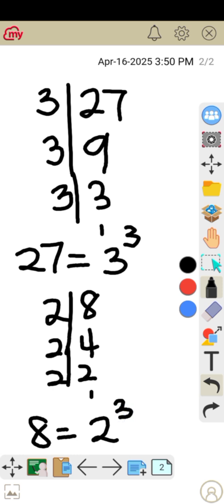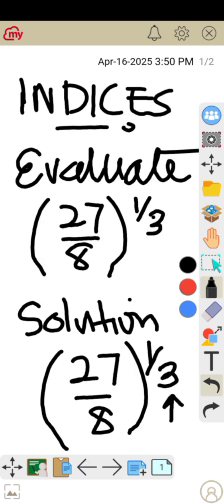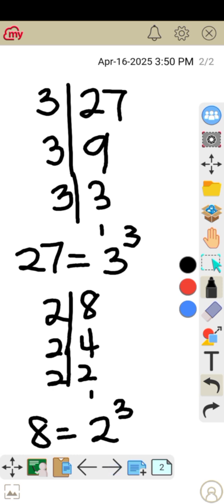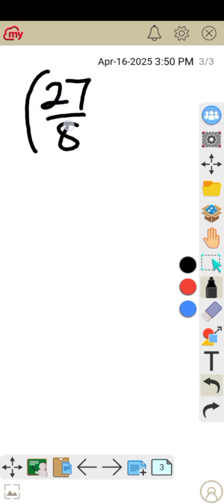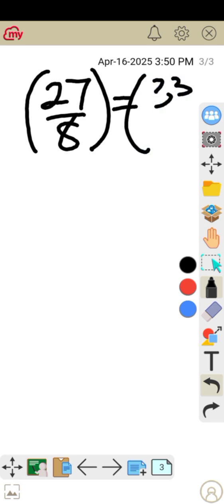Do you understand? So we have to put this in this particular expression for us to understand what we are doing. Instead of writing 27, I'm going to put 3 raised to the power 3. And in place of 8, I'll put 2 raised to the power 3.